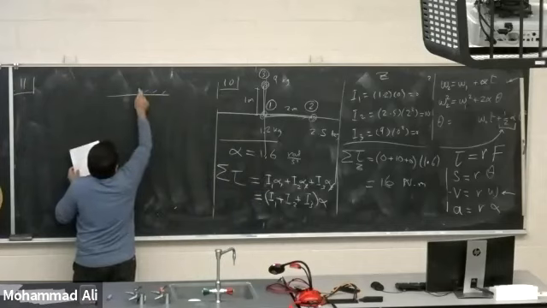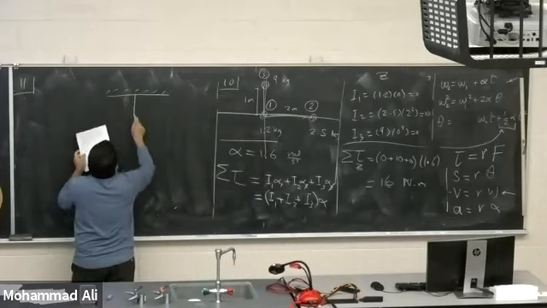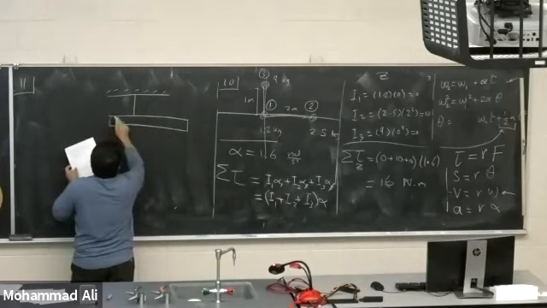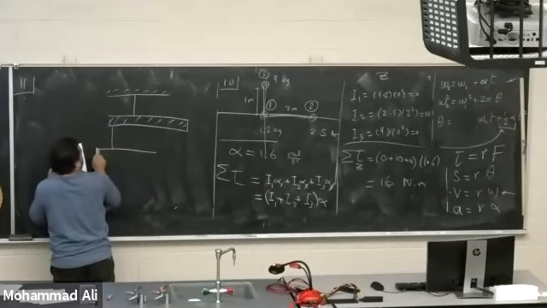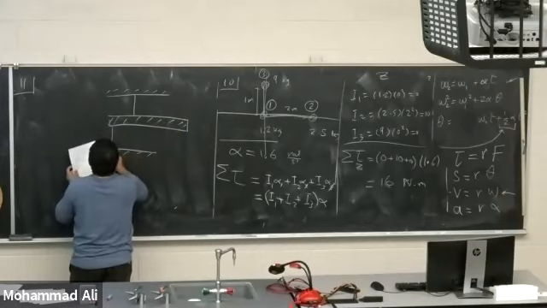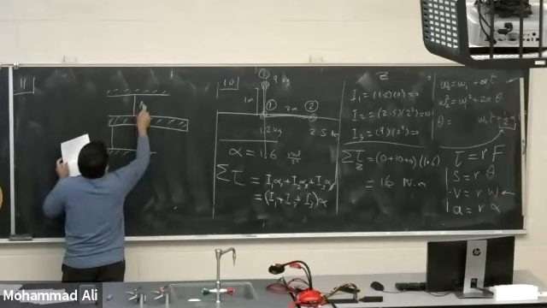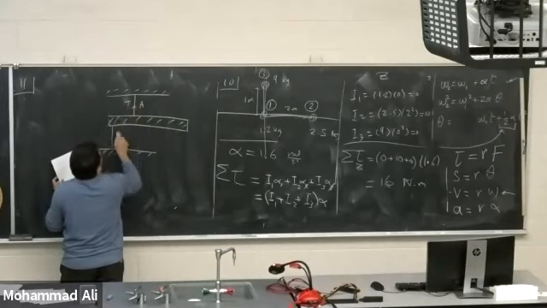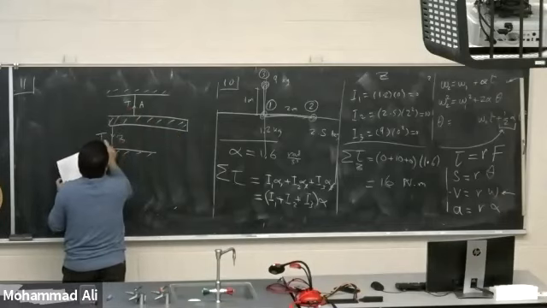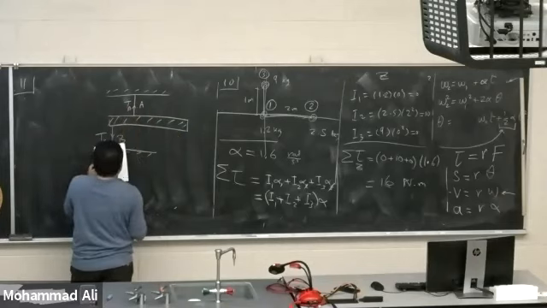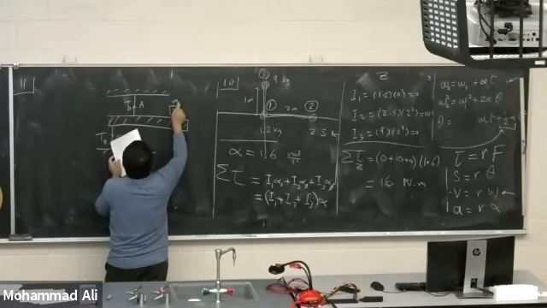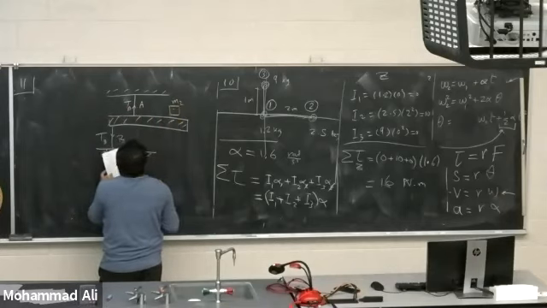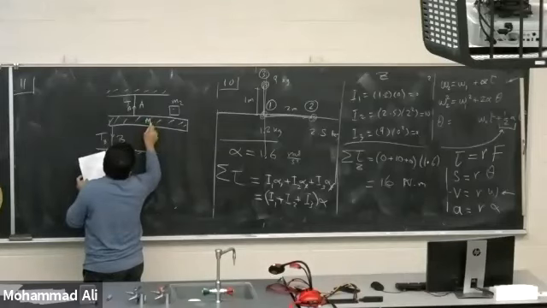Let us draw our system. And we have the string A, we have a tension force here. We have a tension force here, string B, TB, TA, and we have a mass here, M2, and this rod has mass M1.